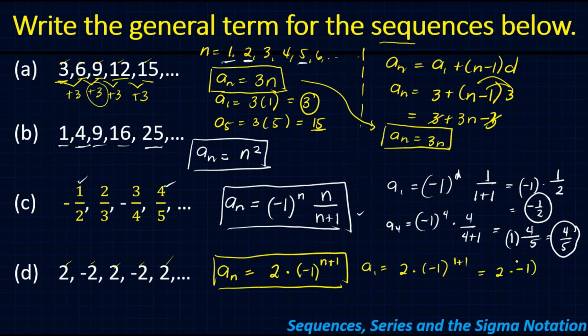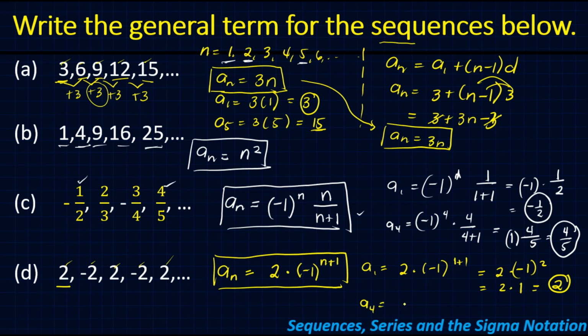So, negative 1 raised to 2. Okay, and then 2 times negative 1 raised to 2, magiging positive. So, 2 times 1 is equal to 2. Okay, so tama ba yung first term natin na positive 2? Yes. Okay, so let us try a sub 4.